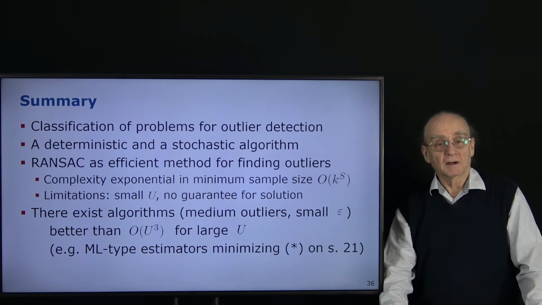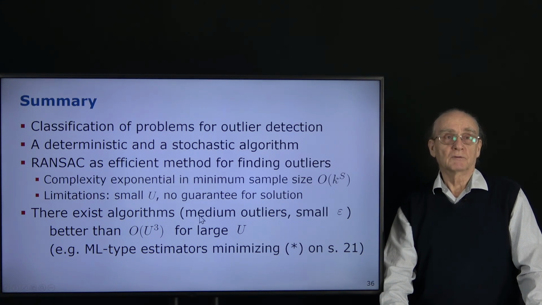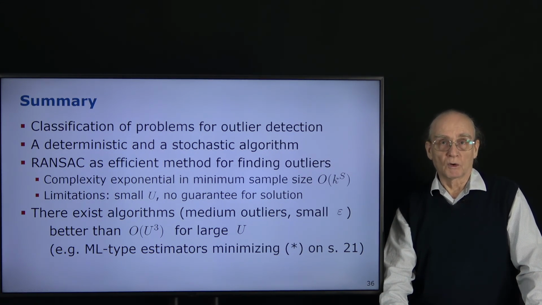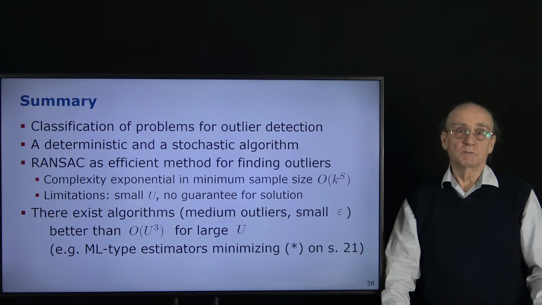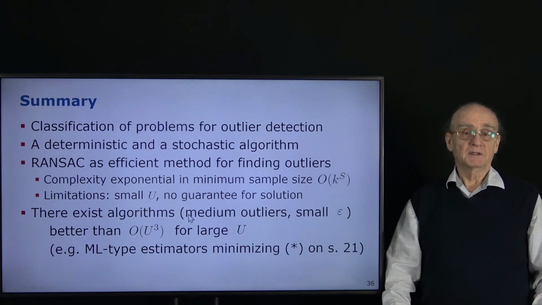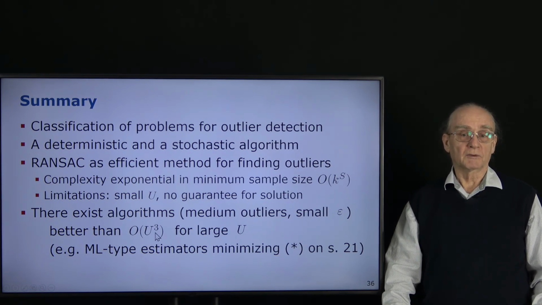Of course, there are other algorithms which work very nicely if the percentage of outliers is small, let's say 1% or even lower, and there are only medium or small outliers. Then these algorithms only have a complexity of the number of parameters to the power 3, which is only polynomial.